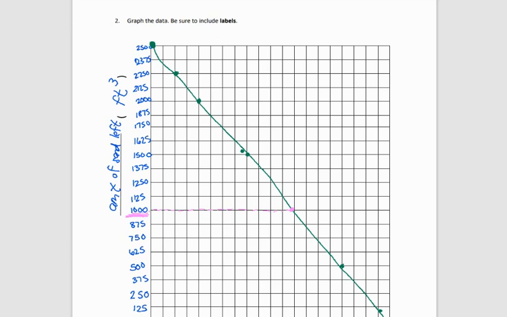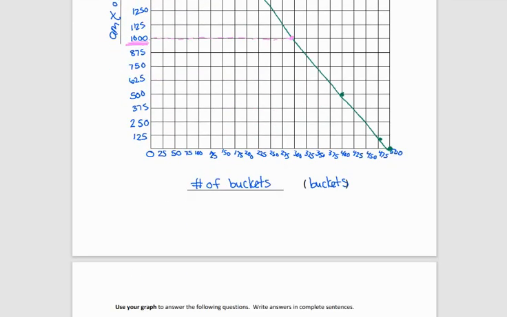Then from there, I go down to where that would be on my x-axis. I'll let you do that on your own. If they give you the buckets, then you start down low and then you go up.